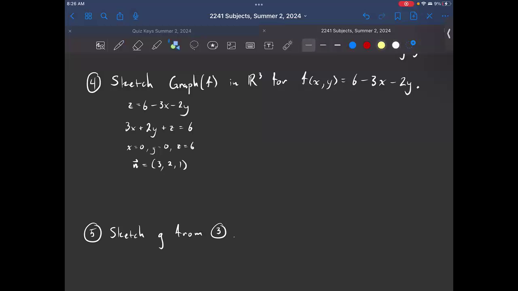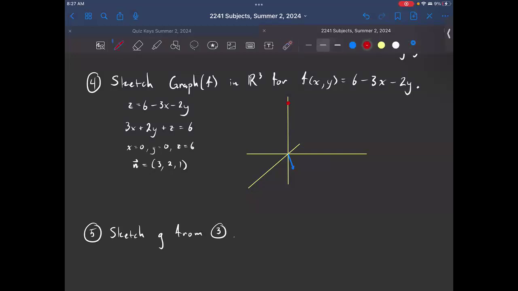Okay, and now we can go ahead and graph our plane in 3 dimensions. Our normal vector is pointing in the positive direction for every one of these axes. It is pointing in the direction 3, 2, 1, sort of like that. Let's find our x and y values as well.